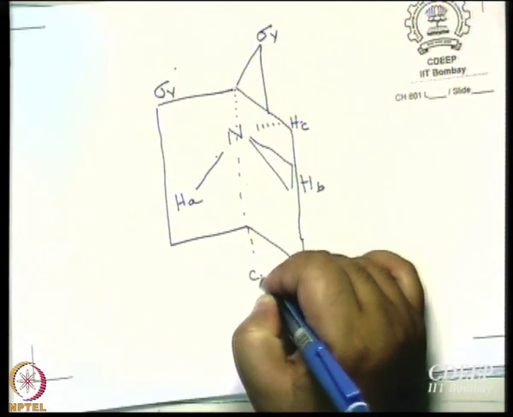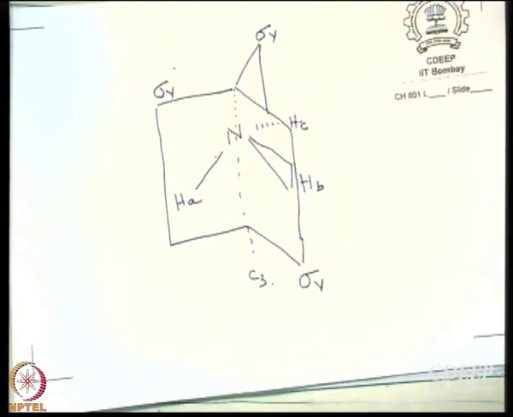Okay. So that was the first definition. Let's look at the second definition. This here is your C3 axis, you told me. Now if you perform C3, will you agree with me that the three planes interchange places? Remember what happened in water? You applied C2 and the two planes did not interchange places. Sigma v remained sigma v, sigma v dashed remained sigma v dashed. Here however, the three sigma v's get interchanged among each other upon application of C3.